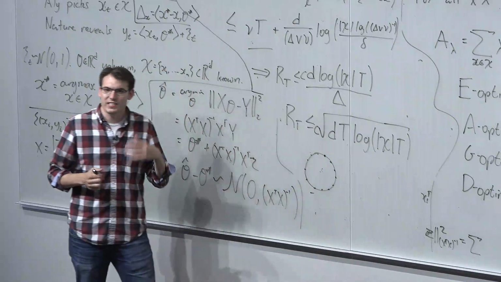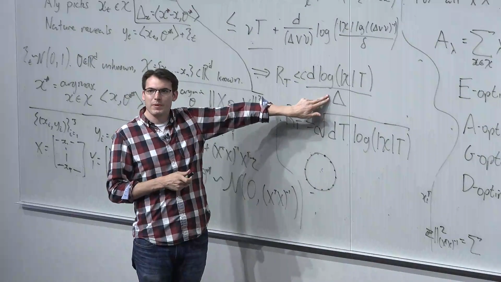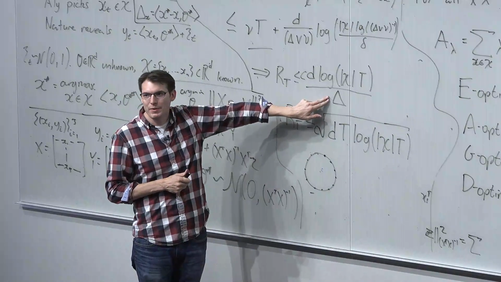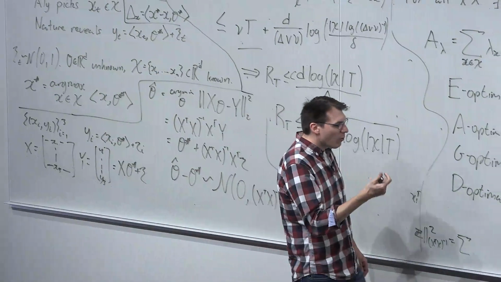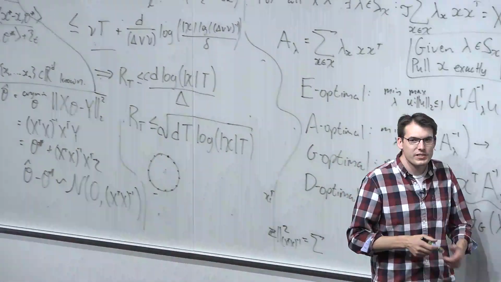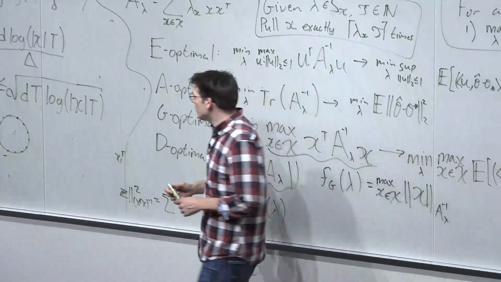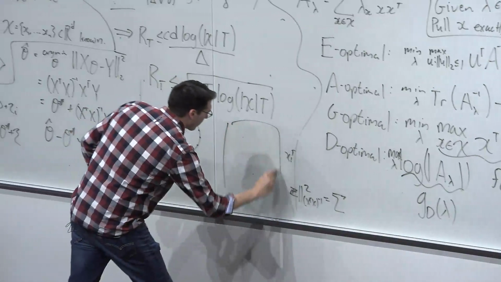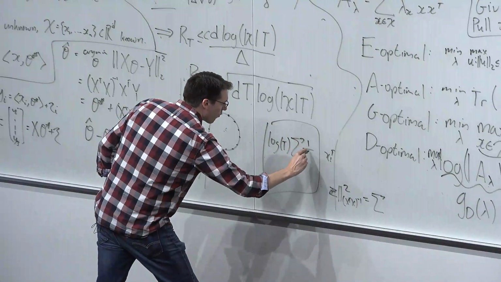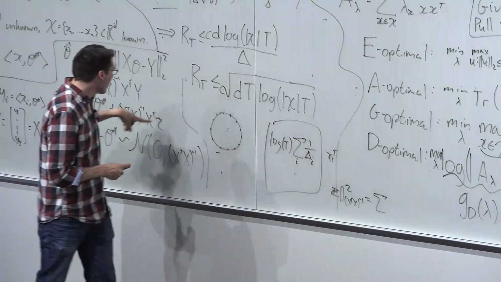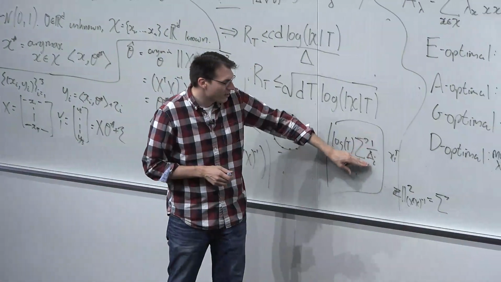The bad news is in that same regime for the standard multi-armed bandit setting, what we're getting here is d over gap, where gap is the min gap. And if we recall, the regret bound we got yesterday morning for multi-armed bandits was log t times the sum of 1 over delta i. And what this is saying, if it's d over delta, is the equivalent of saying log t times n over min gap.